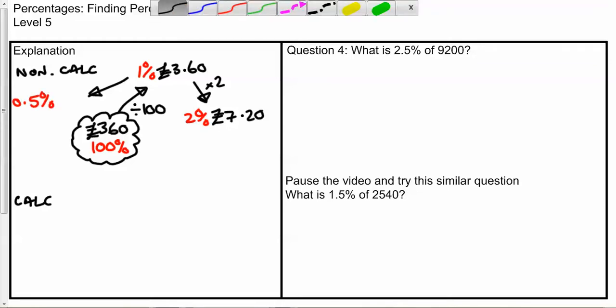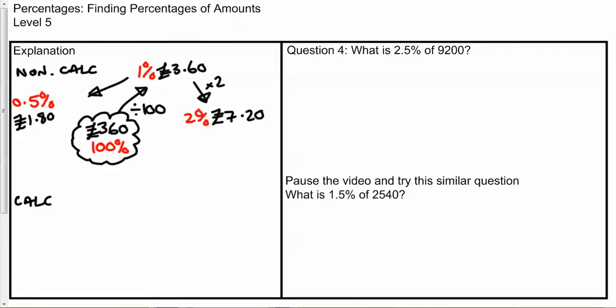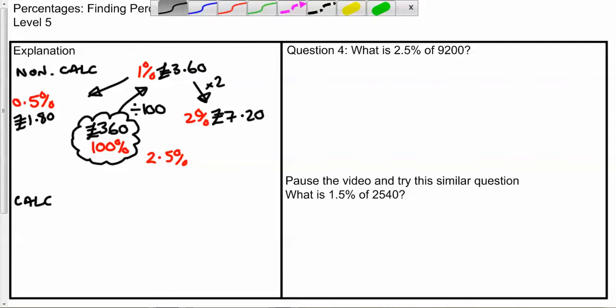So half of £3.60 is £1.80. So if I wanted to find 2.5%, then I can put together my 2% and my 0.5%. So 2.5% turns out to be £1.80 plus £7.20. So that brings us to an even £9.